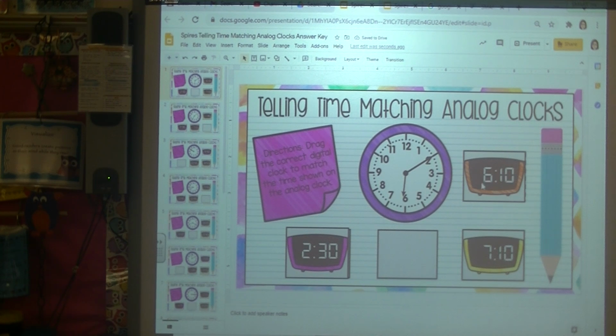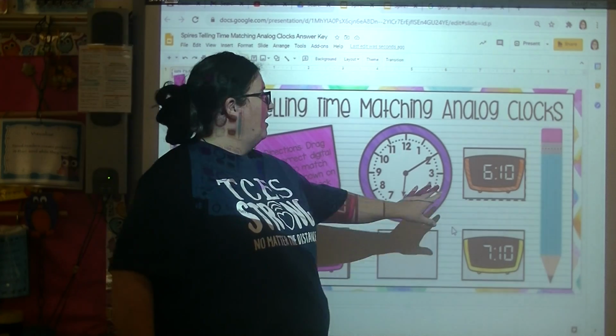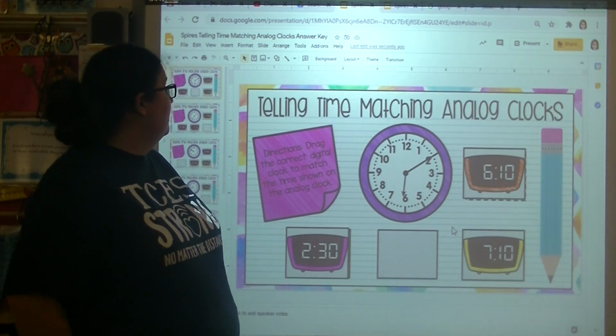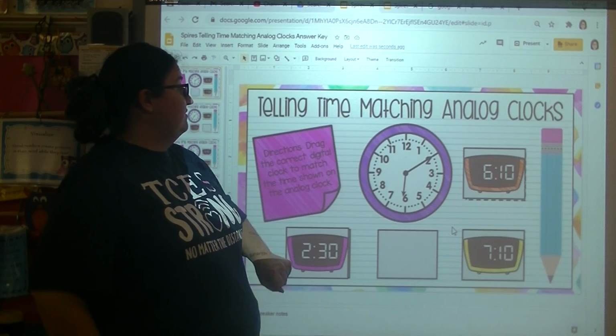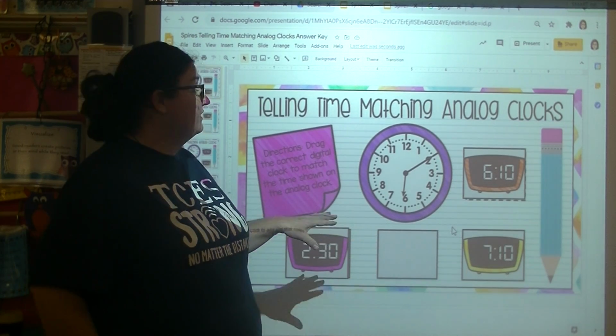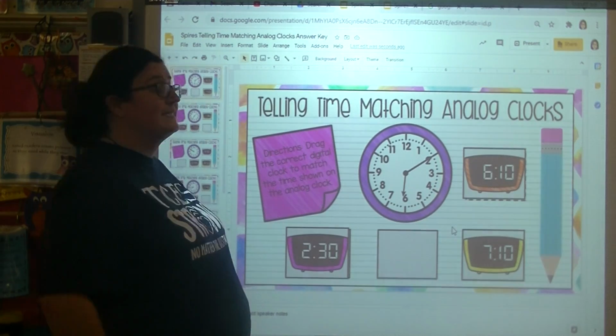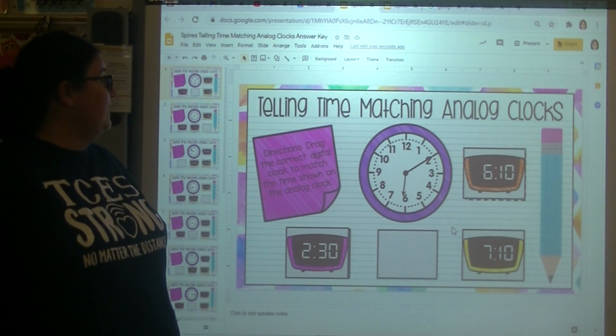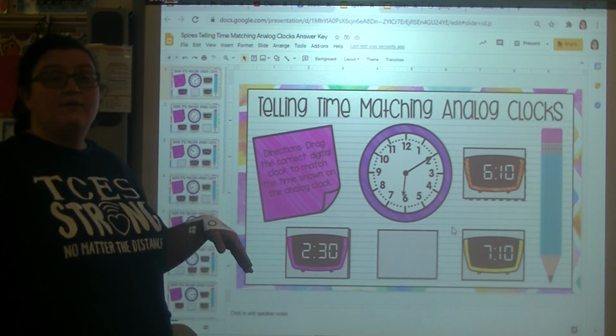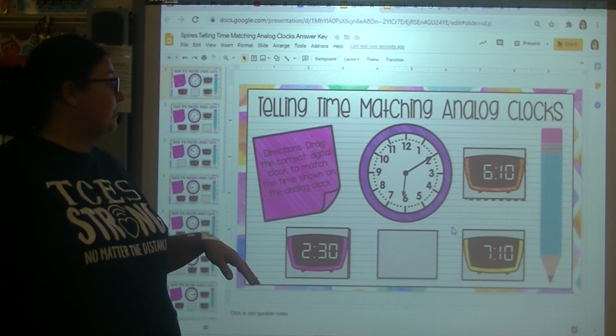All right, so I'll make sure they're all moved back down to the right spot before I attach it. You're going to move the answer up to that box beside it. Now, I will have a video attached checking your work.